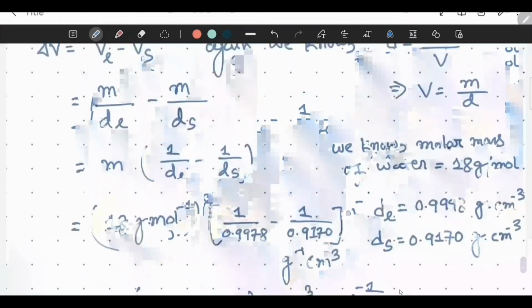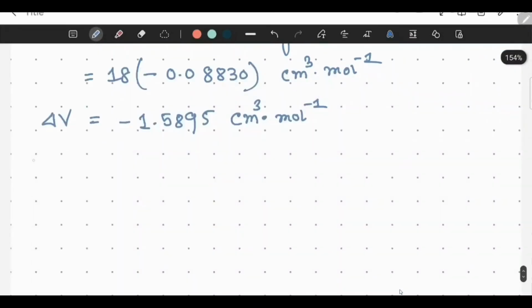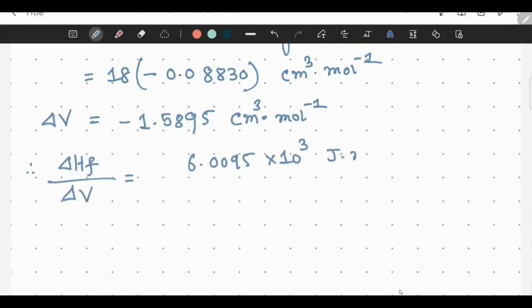Okay, so this is our value del V. So del H_f by del V will be, what is del H_f? Del H_f is given as 6.0095 kilojoule, so into 10 to the power 3 joule per mole.